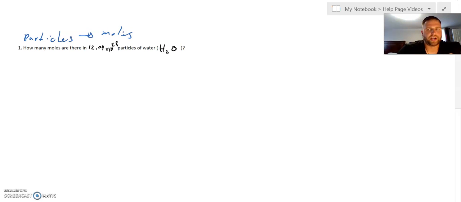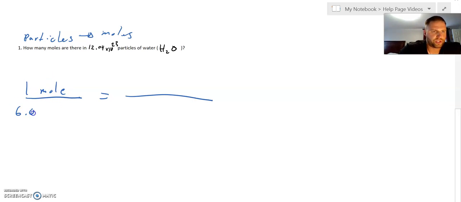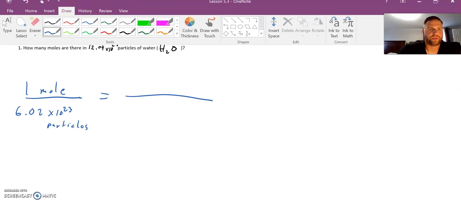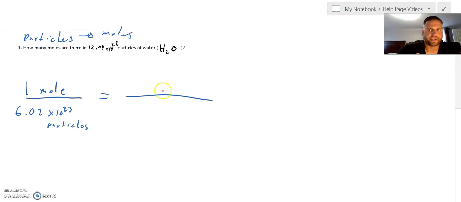So let's set up a proportion using the relationship above. I know that 1 mole is equivalent with 6.02 times 10 to the 23 particles. And remember, when you write a proportion, something really critical is that the units on the top and the bottom remain the same.